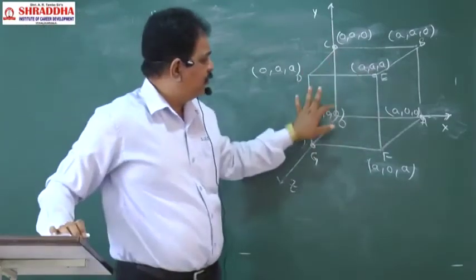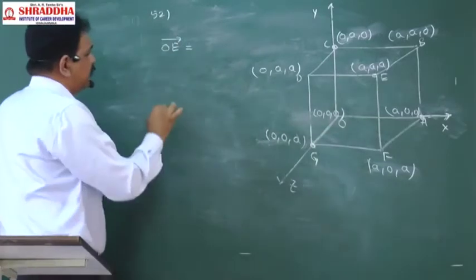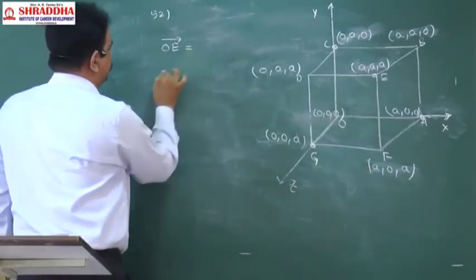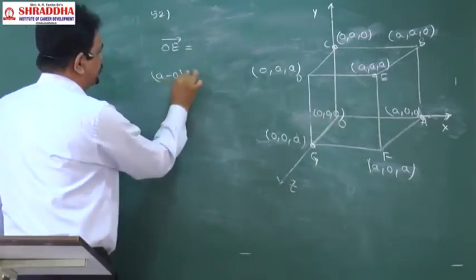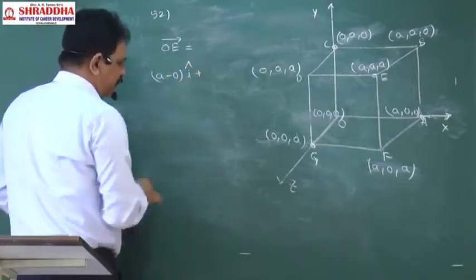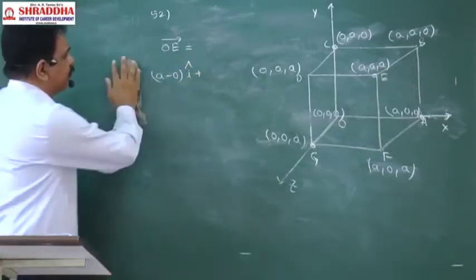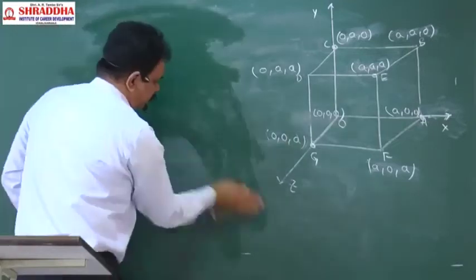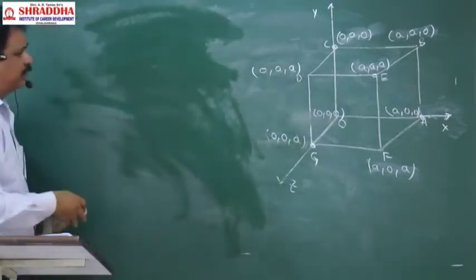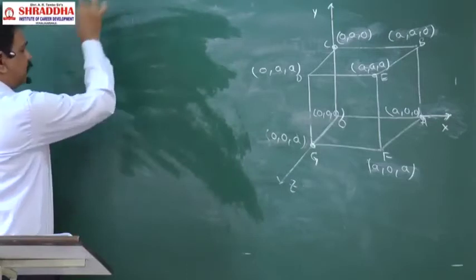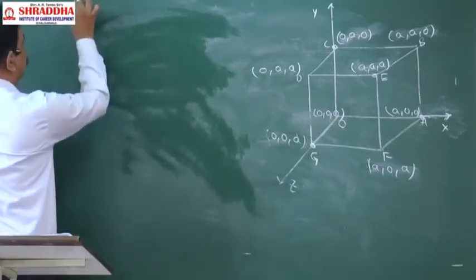Here to here, how much length is there? So that value will be (a minus 0) i cap, (a minus 0) j cap, (a minus 0) k cap. We will write here; we need some space to do the calculation also. Question number 52.